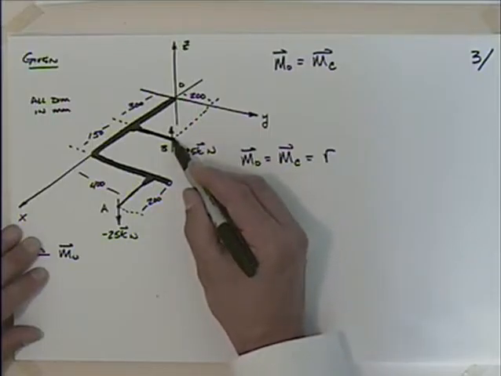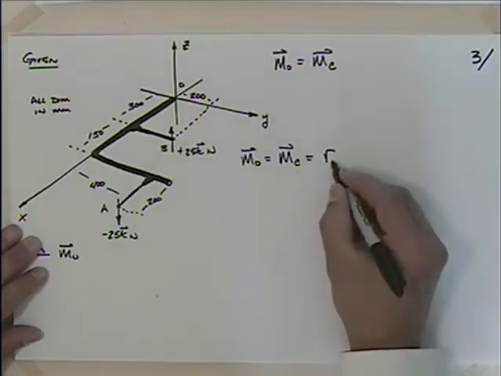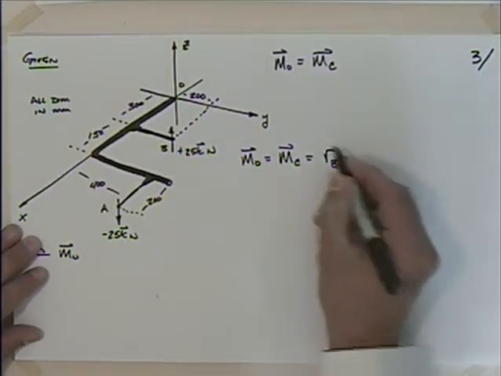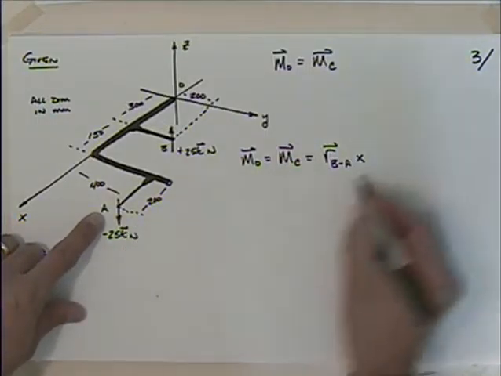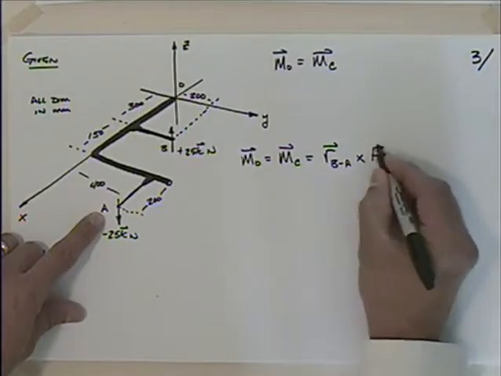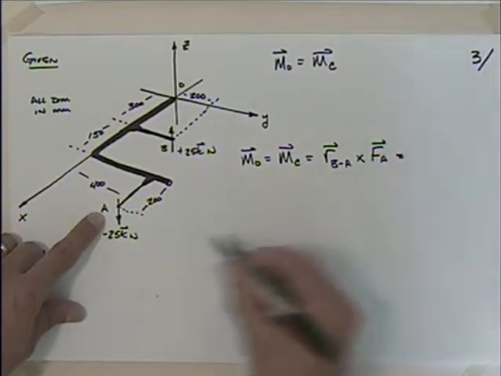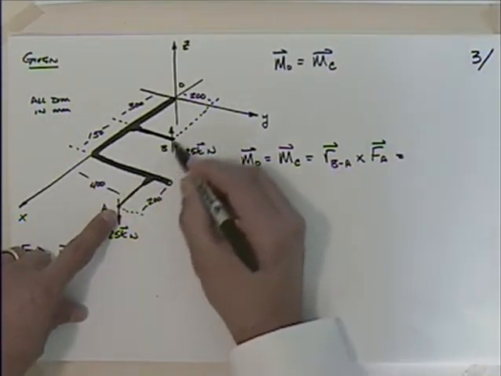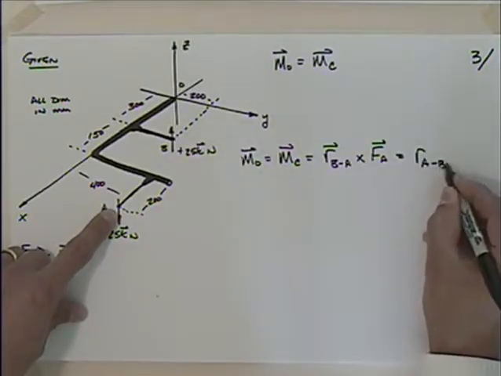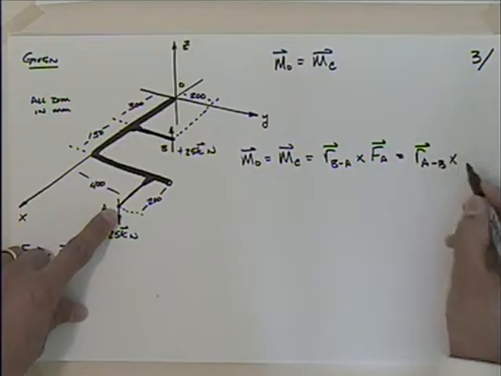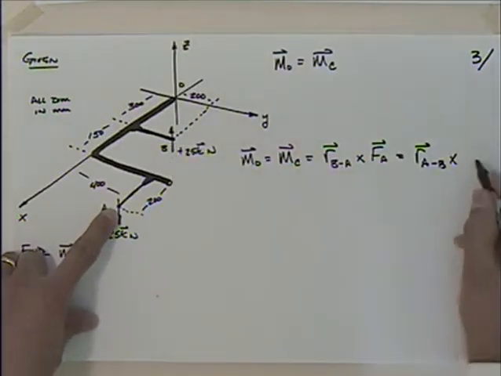If we take the R from B to A, I need to cross that with the force at A. Or if I wanted to go with the position vector from A to B, I need to cross that with what? The force that ends up at B.